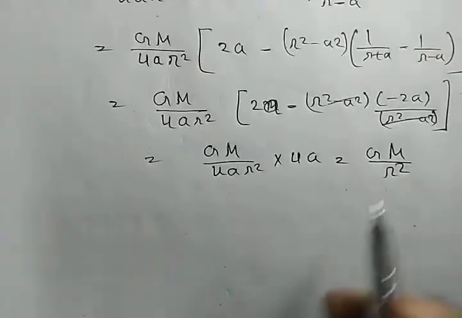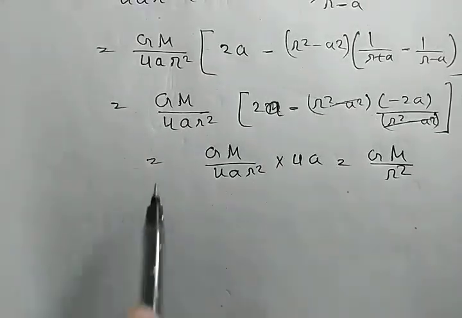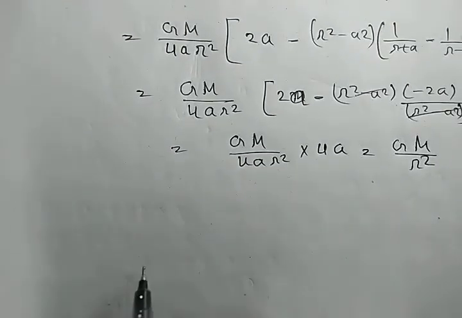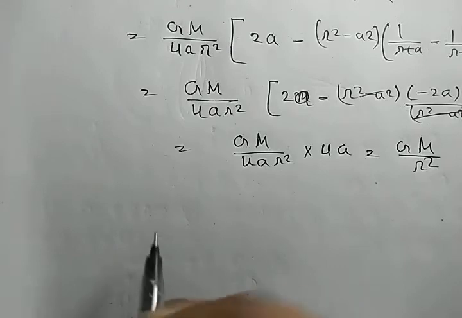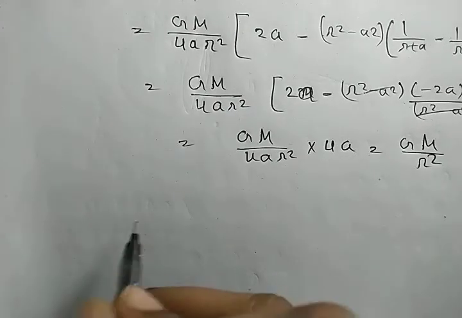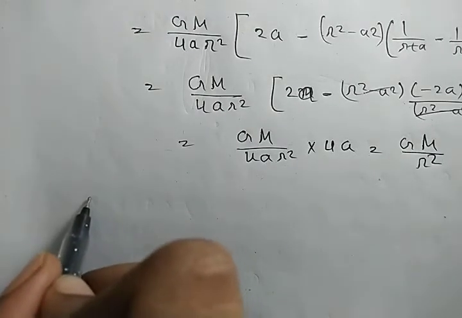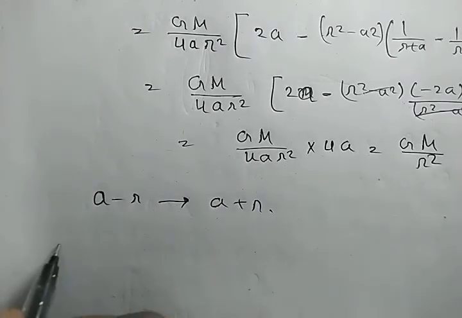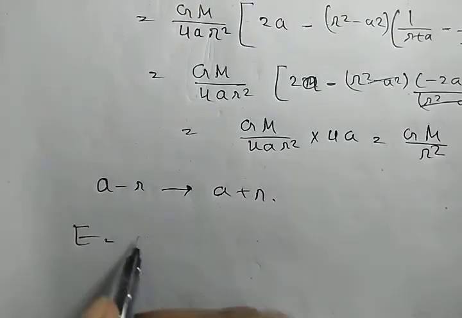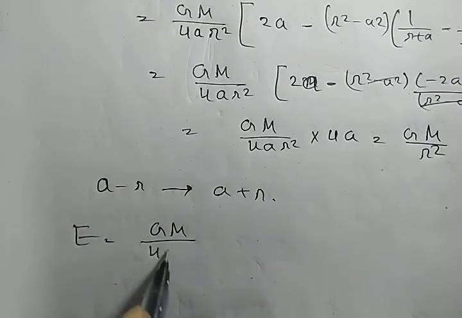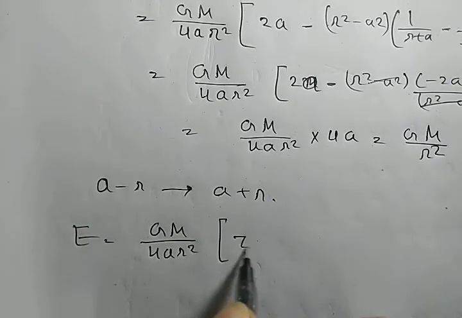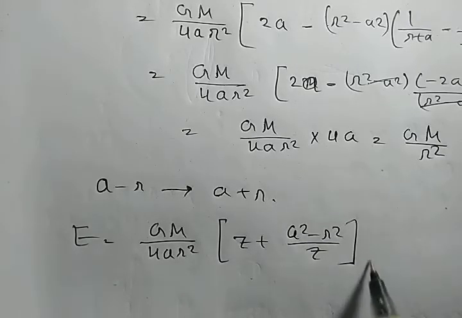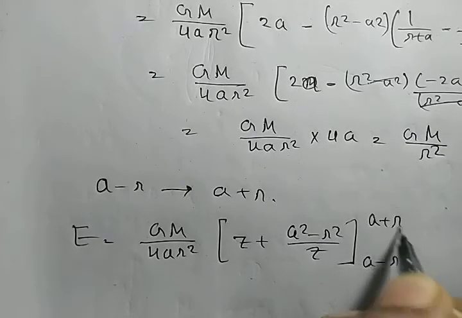So this will be the field when the point P is located outside the sphere, and now we'll consider the field for a point that is inside the shell. For a point inside the shell, the limits will be from a minus r to a plus r. So from the expression we can write E equal to G M by 4a r square, z plus a square minus r square by z, from a minus r to a plus r.